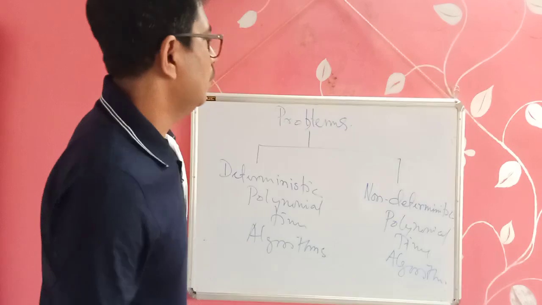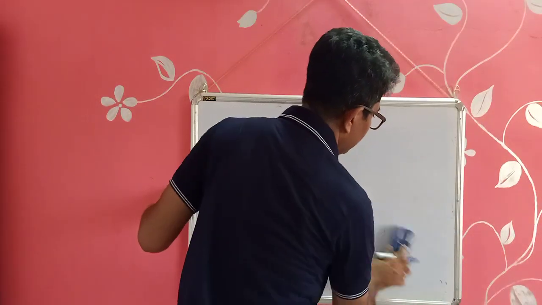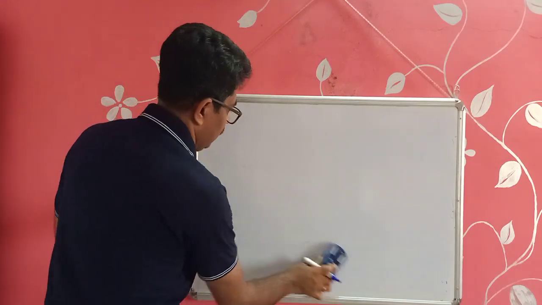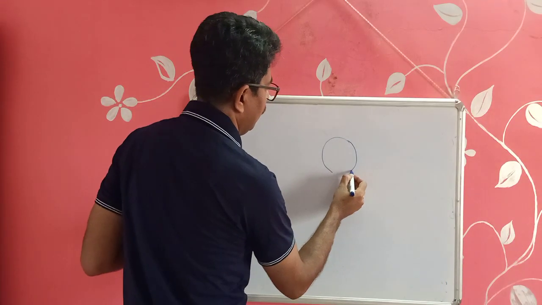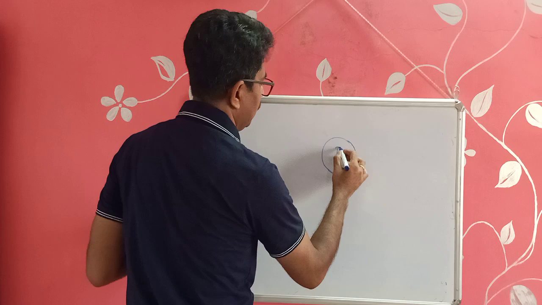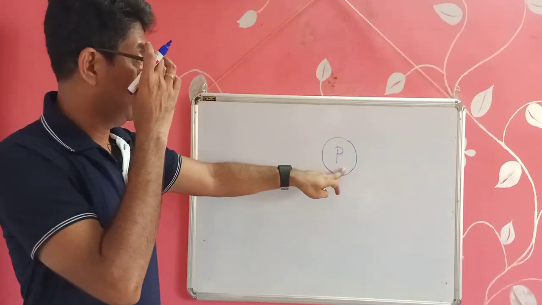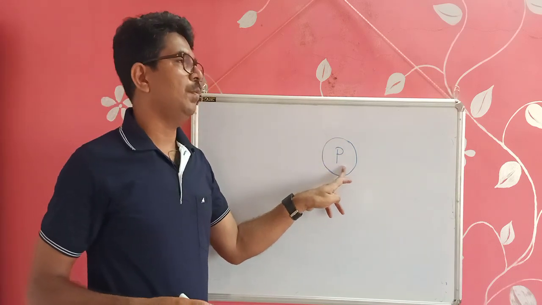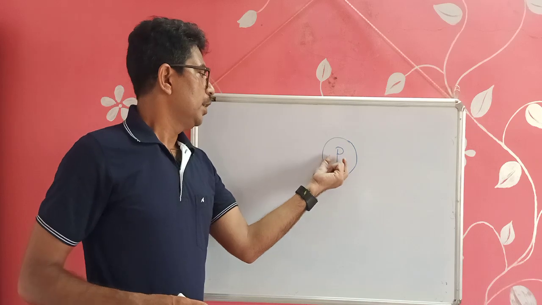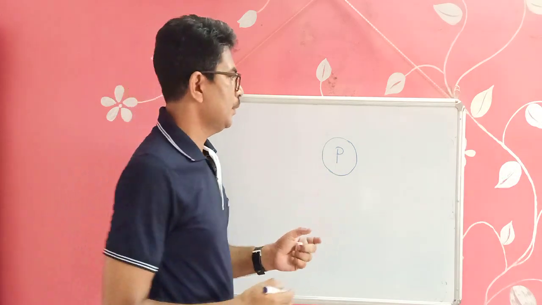Okay, so in a Venn diagram we can represent this like this. Say this is the set of all the problems that can be solved in deterministic polynomial time. Okay, P is the set of problems where a deterministic polynomial time algorithm exists, right?